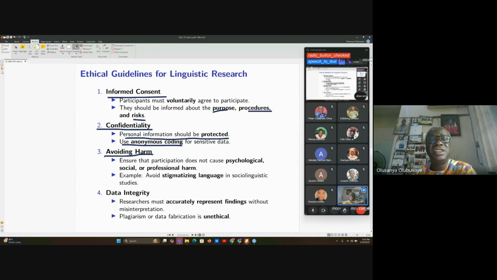Then avoiding harm, which means don't conduct linguistic research that will lead to health burden, maybe psychological, social, or professional burden on the participants. So you must avoid that.